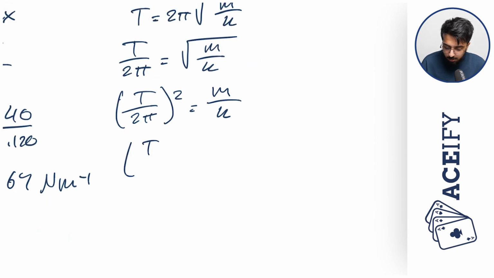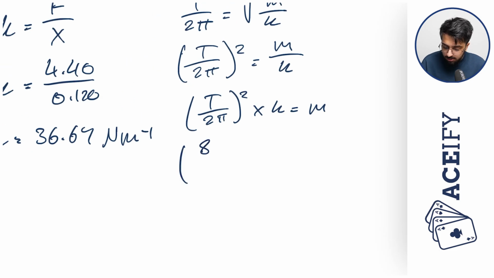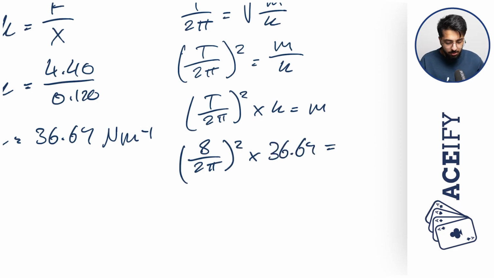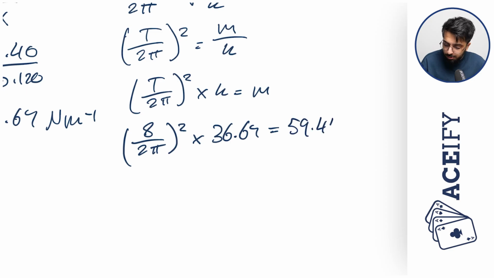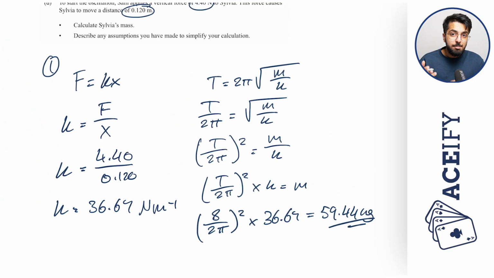And therefore our period all over 2 pi squared times our spring constant is equal to our mass. And so therefore our period of 8 seconds all over 2 pi squared times our spring constant of 36.67 is equal to our mass, and that gives a mass of 59.44 kgs.